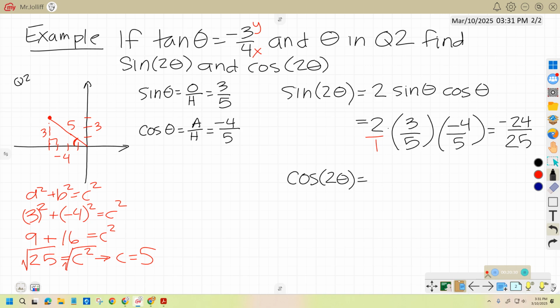I'm going to use the first because I know 1 minus 2 sine squared theta is going to give me whole number minus fraction, which is gross. Cos squared minus sine squared is fraction minus fraction, which is less gross. So the first double angle formula for cosine is cos squared minus sine squared.